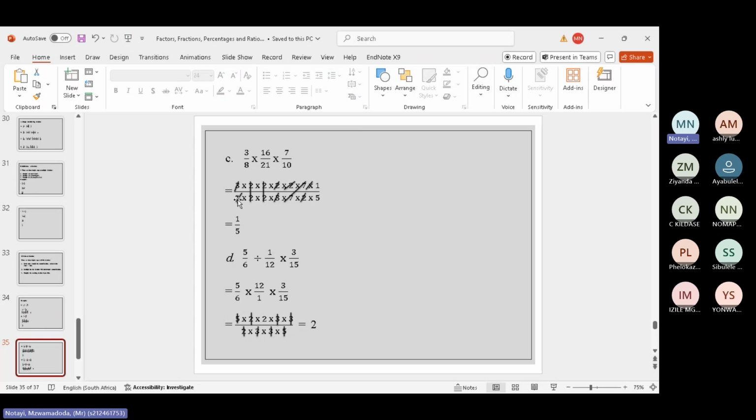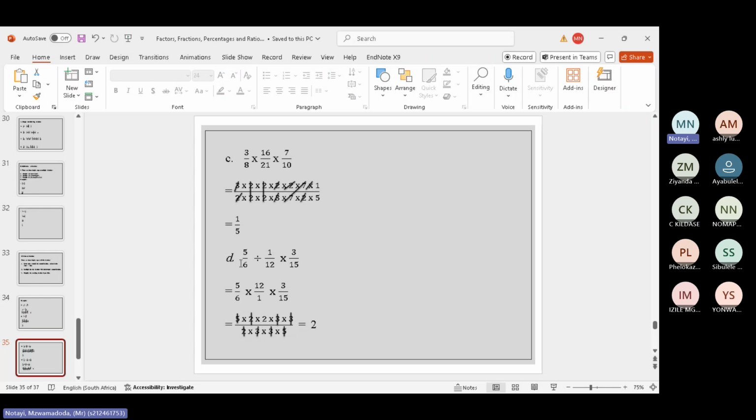Then 8 in prime factors is 2 times 2 times 2, 21 is 3 times 7, and 10 is 2 times 5. Then you cancel whatever appears at the bottom and top. We have 3 cancelling a 3, and all the 2's cancelling out, and we're left with only 1 over 5.